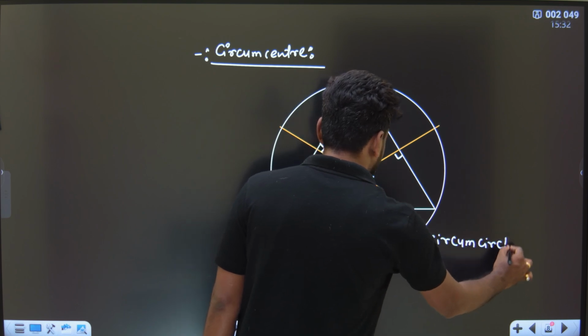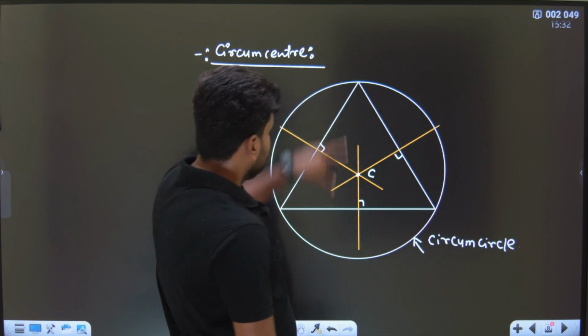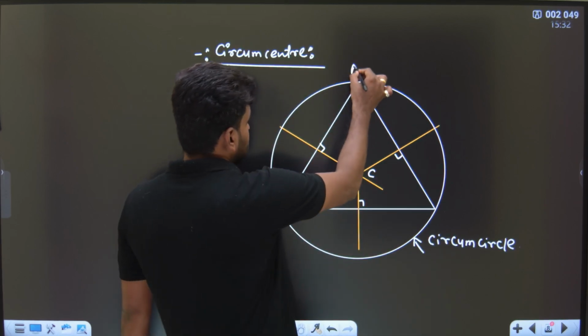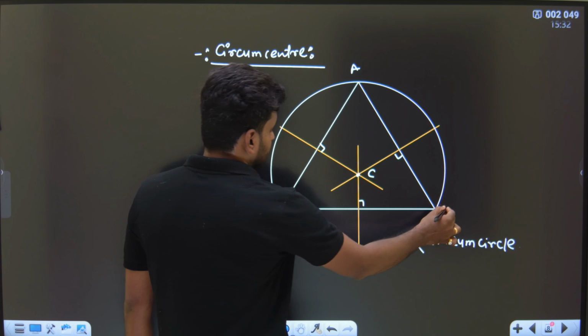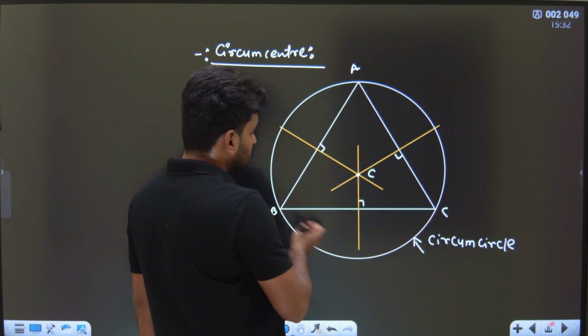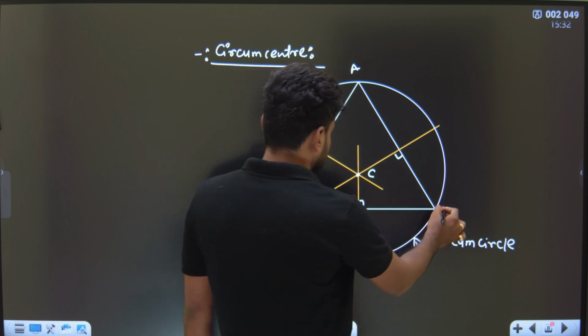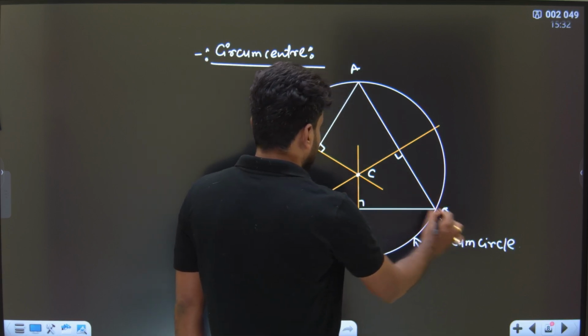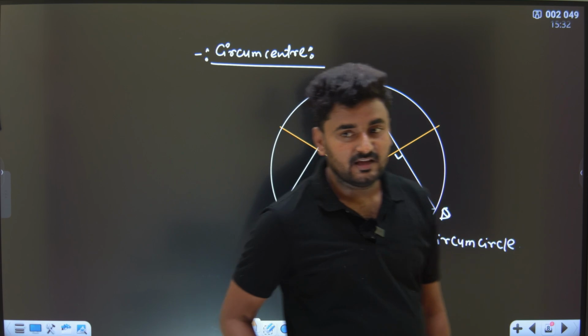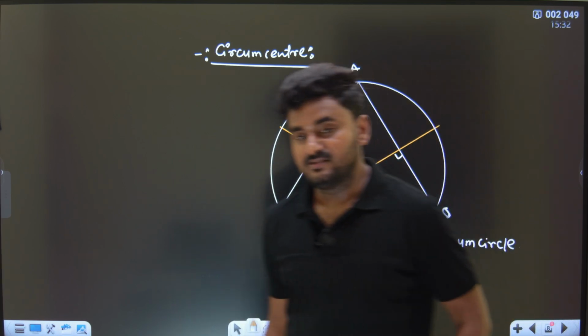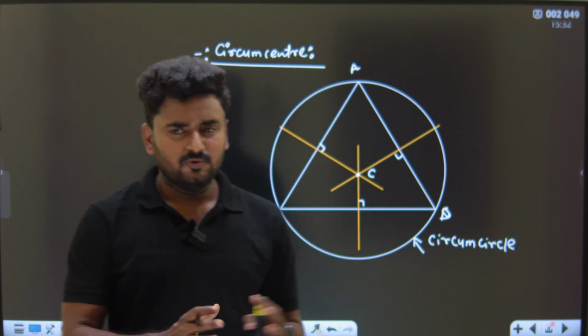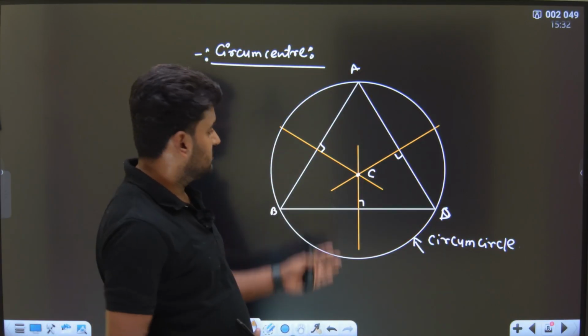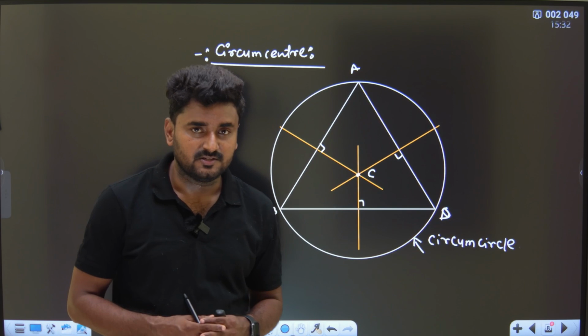Understand? And here the radius will be known as, suppose this is triangle ABC and here CA, CB, and CD, this is known as the circumradius. Understand? So now you know how to find the circumcenter.